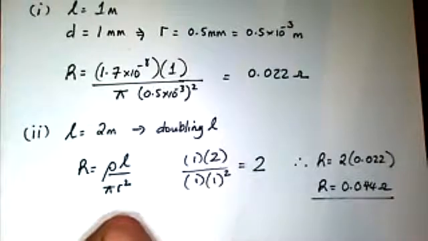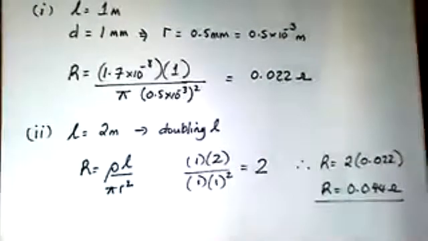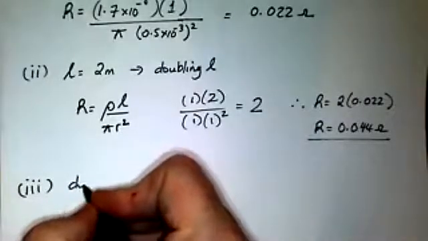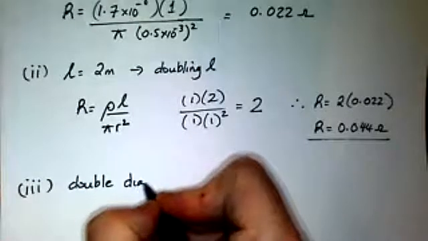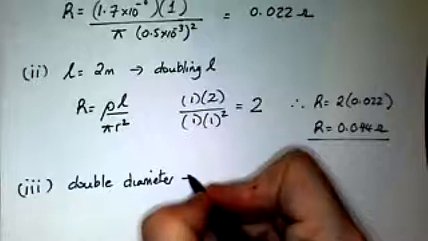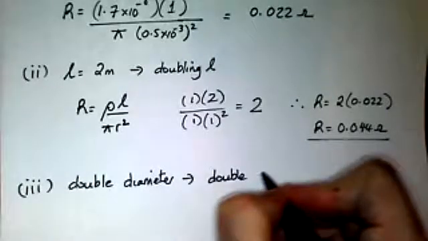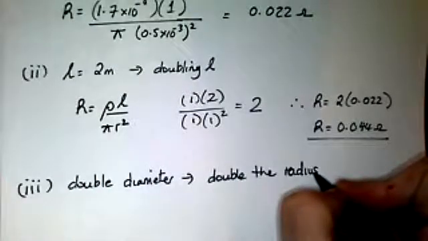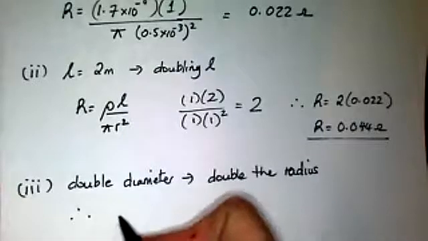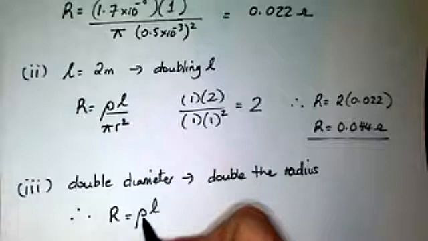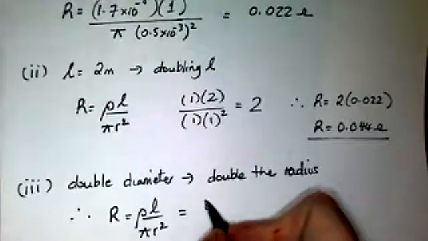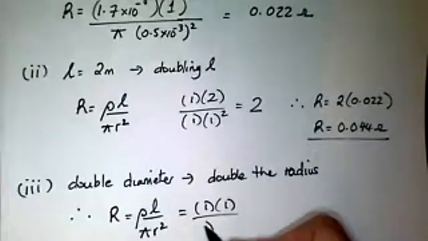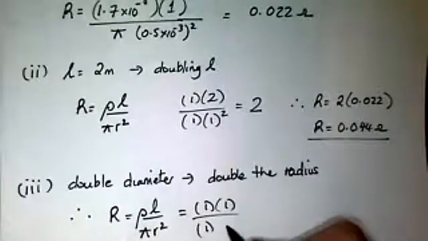Then we come on to the third one, and this time it's telling us we're doubling the diameter. So if we double the diameter, that means we double the radius. Therefore, using the same formula, the resistivity stays the same, the length stays the same, the pi stays the same, but we are doubling the radius.